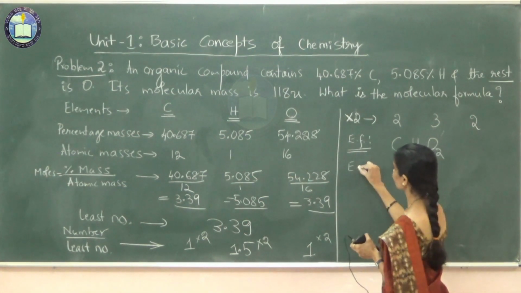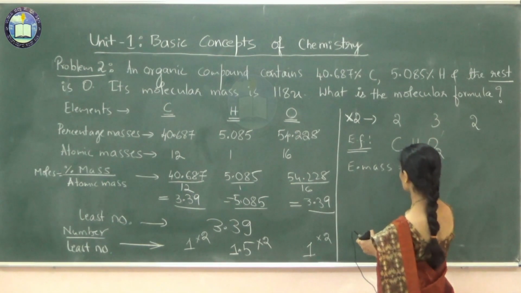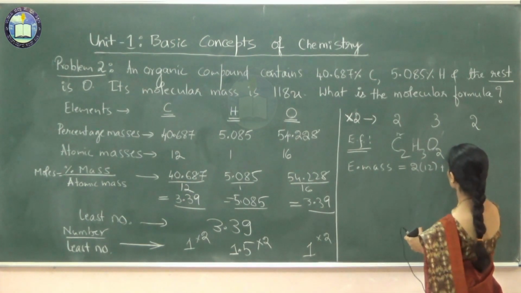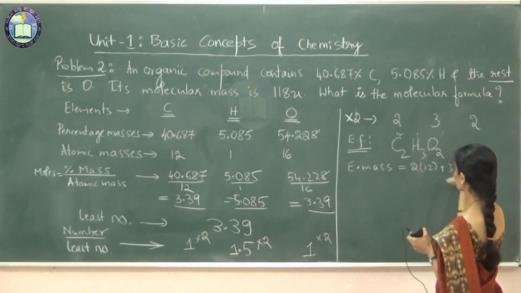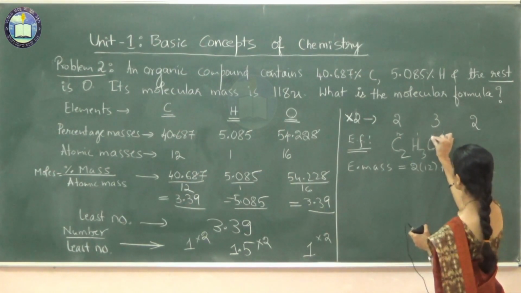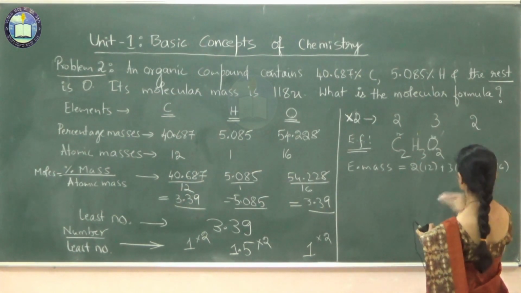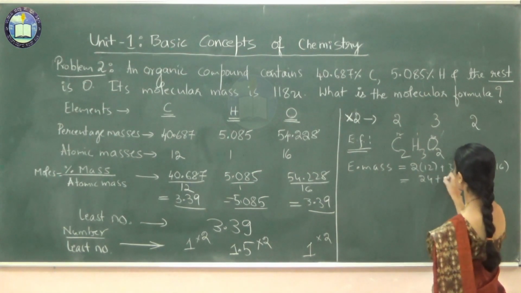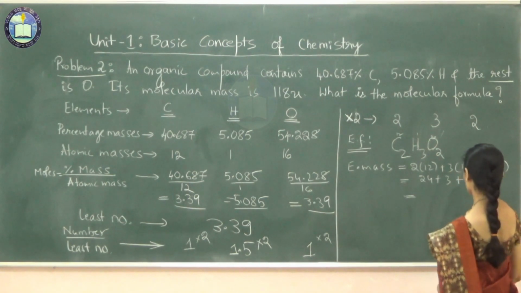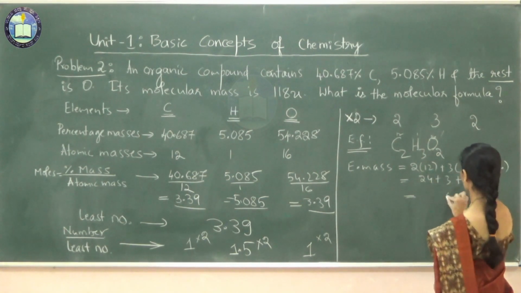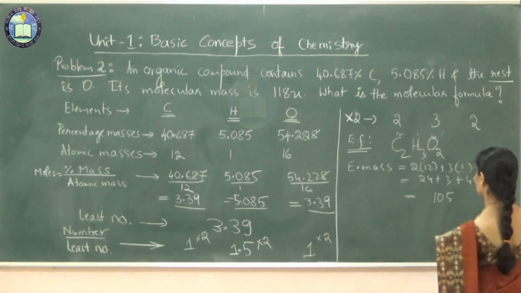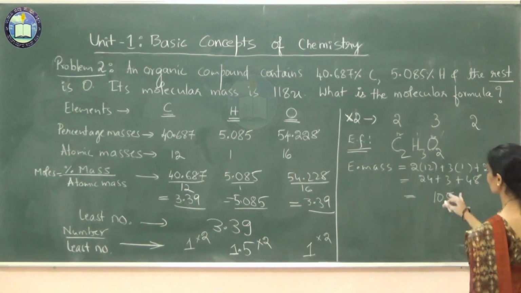Immediately find out the empirical mass: 2 into 12, 3 into hydrogen atomic mass 1, 2 into oxygen atomic mass 16. 24 plus 3 plus 48, it is nothing but... Is it correct?